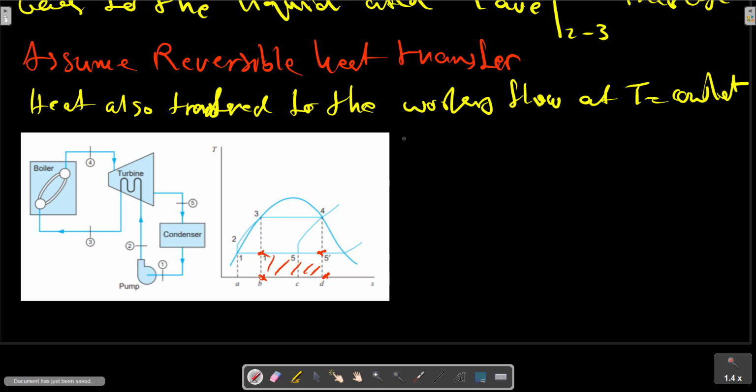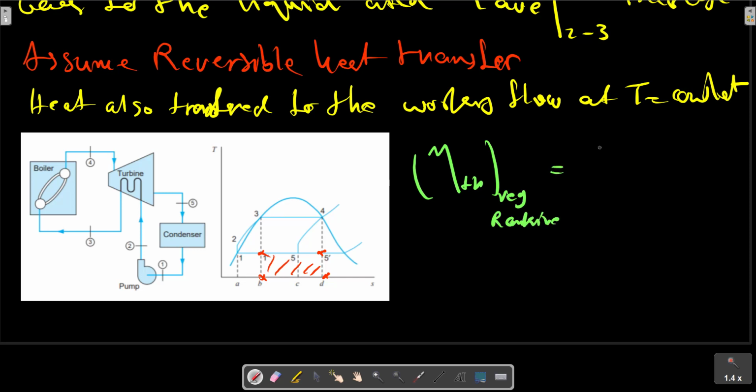The efficiency of the regenerative cycle equals the efficiency of the Carnot cycle with the same temperature and pressure, for example.